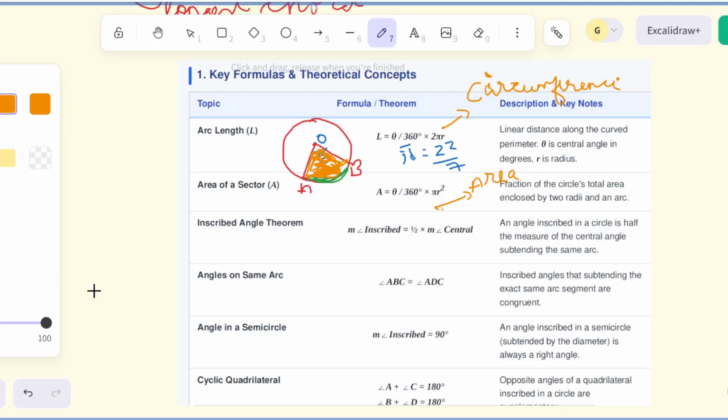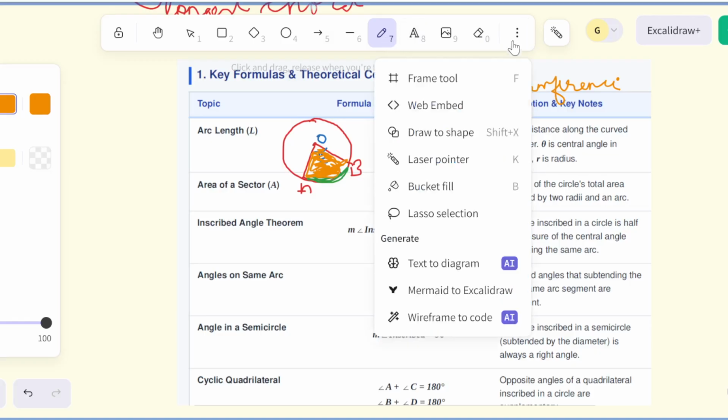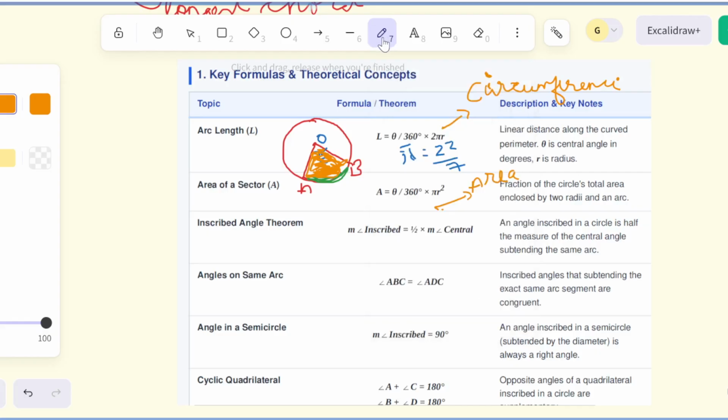Can I write this diagram down like this? Yes, the topic and the formulas, you can.